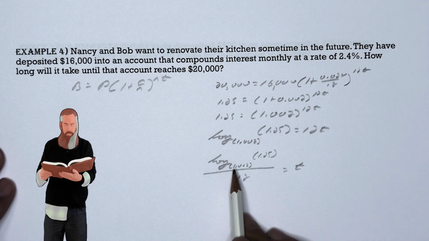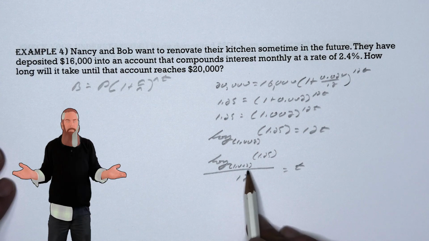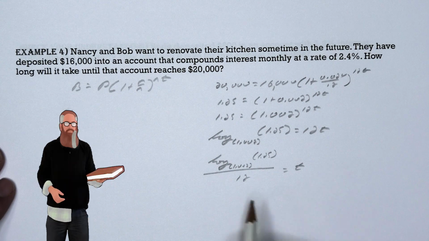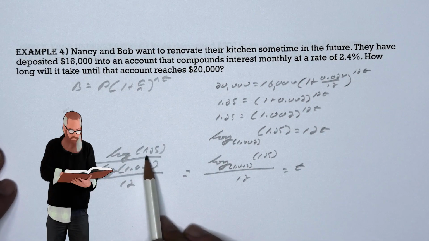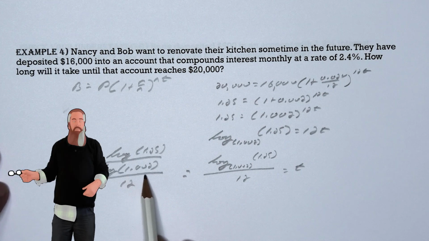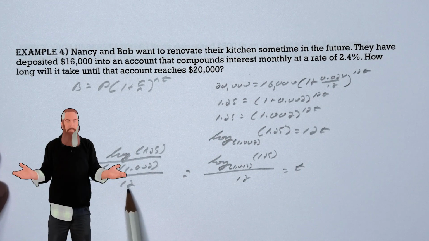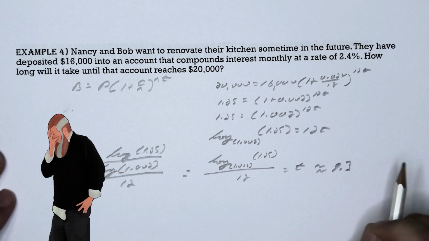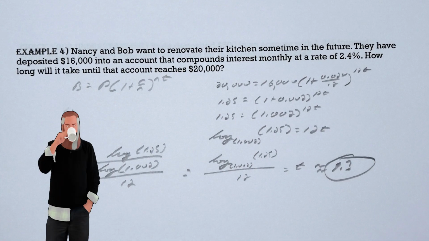This gives us that log base 1.002 of 1.25 divided by 12 is t, which gives us log of 1.25 divided by log of 1.002, all divided by 12. Which means we're going to approximately get 9.3 as the number of years.